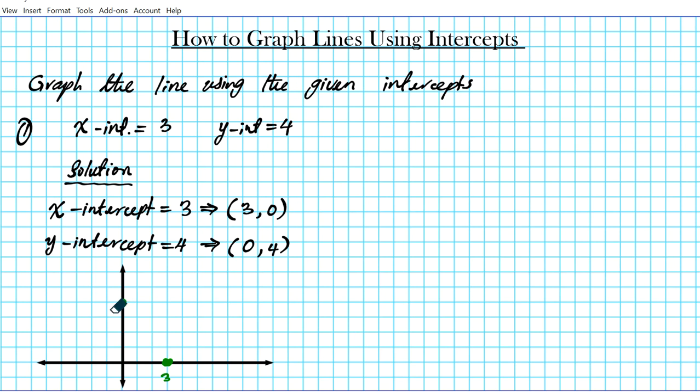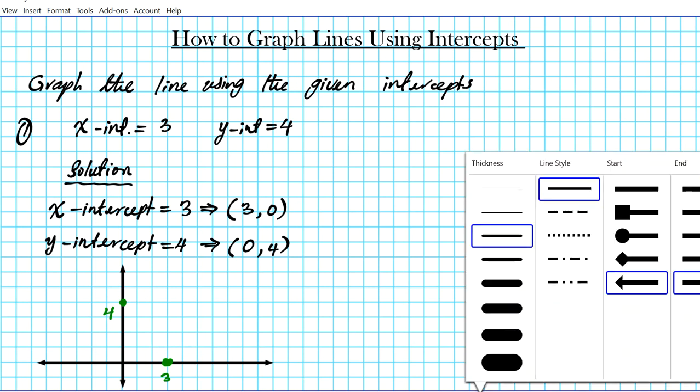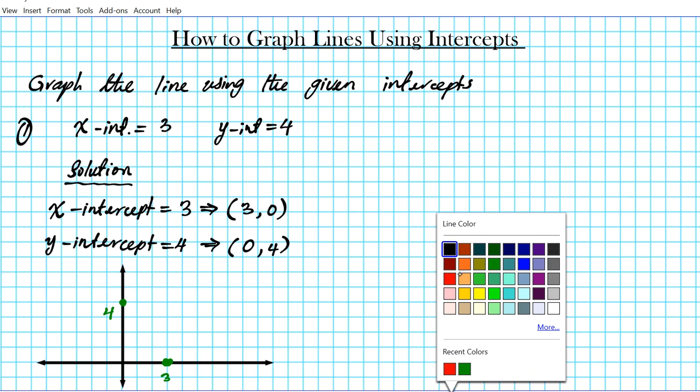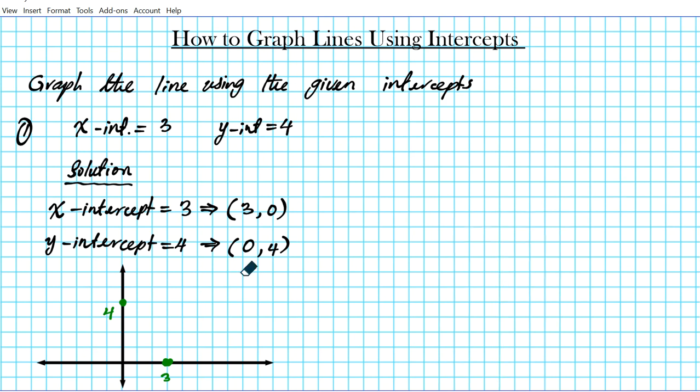All right, so counting by ones. So the line that goes through these 2 points is basically the graph that we're looking for. Alrighty, so let's make it red. And then this is our graph right here. Adjust it a little bit. Alright, so that's basically how you draw lines given intercepts.